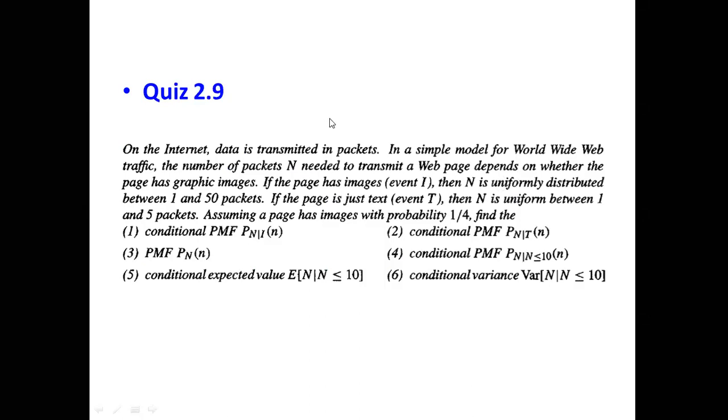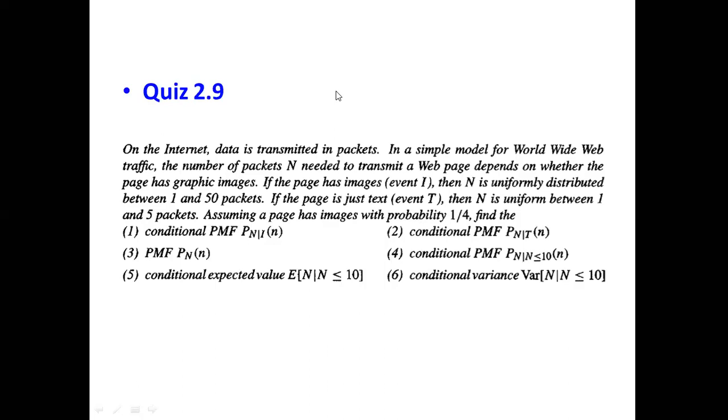This is quiz 2.9. On the internet, data is transmitted in packets. In a simple model for World Wide Web traffic, the number of packets n needed to transmit a web page depends on whether the page has graphic images or is just text.